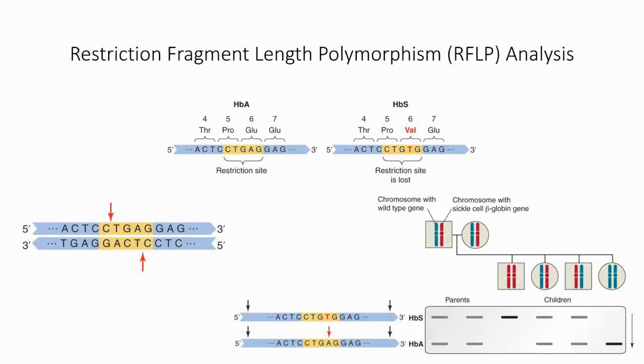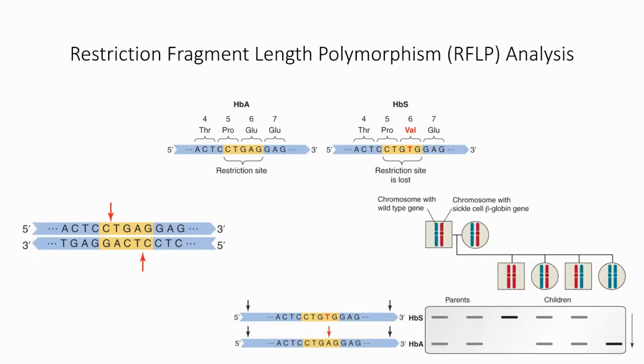Another application of Southern blot is restriction fragment length polymorphism analysis, RFLP. An RFLP results from a variable number of tandem repeats in short DNA segments. These VNTR, variable number of tandem repeat sequences, can uniquely specify an individual.